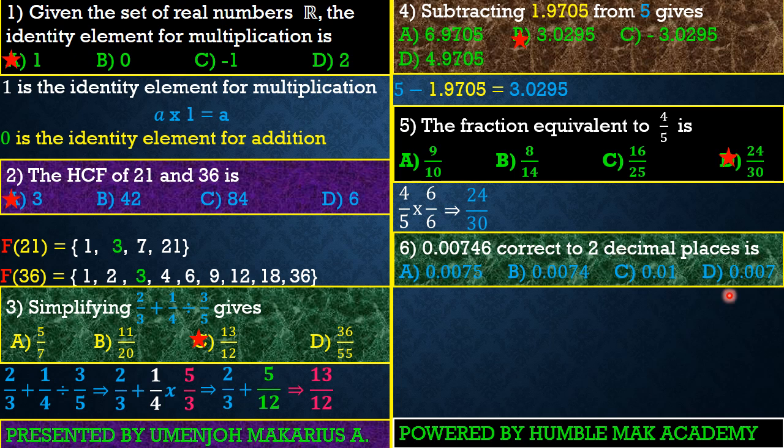And if you look at all these options, the only option that is even written to 2 decimal places is option C. So in this case, option C is the only answer that is correct, because this is written to 4 decimal places. This is to 3 decimal places. But they're talking about 2 decimal places, so it has to be option C.